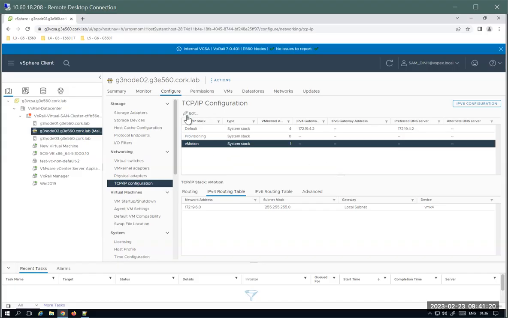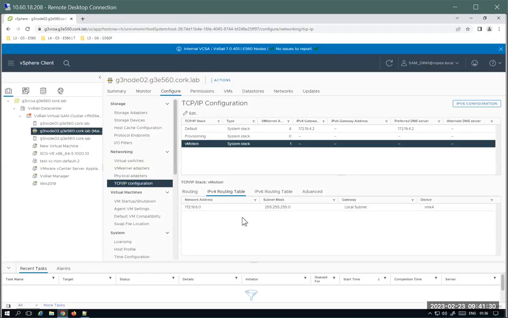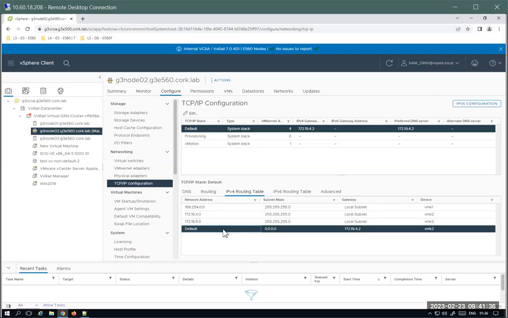So if it's layer 3 to go to some other network, we will have something here called the gateway. At that time, you will see some routing table just like this one. We have some default here.